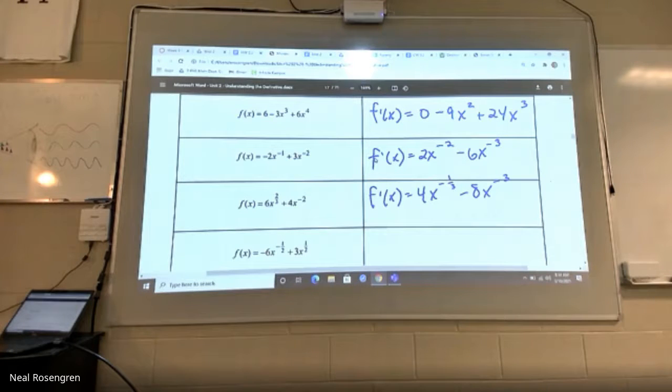Maybe somebody at home could speak up if they remember what our little shortcut is. Maj, what do you think? Multiply the number from the exponent. There we go. So we take the original constant and the original exponent, we multiply them together out in front.